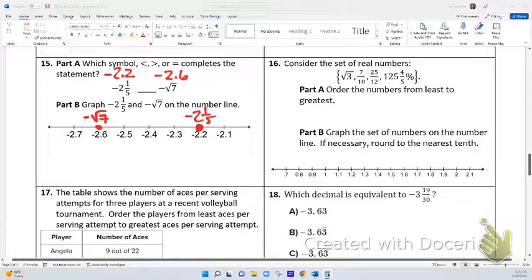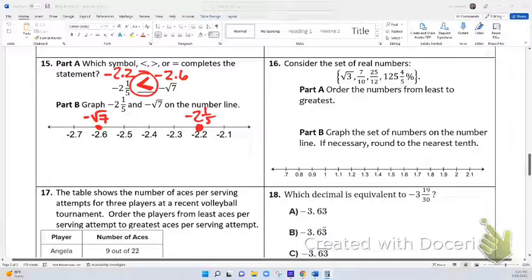They think that just because it's got a bigger number, -2.6, they think, oh, that one's greater than -2.2. But remember, when you're dealing with negatives, the further it is to the right-hand side of the number line, the bigger it's going to be.